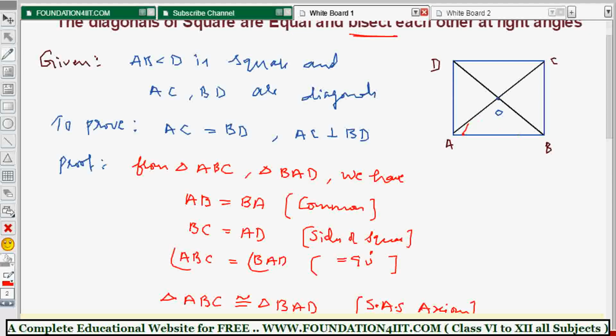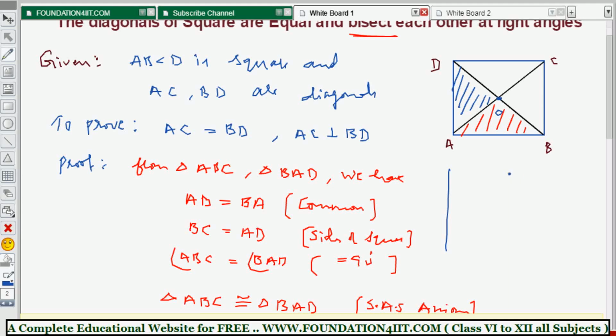That is, take triangle AOB and another triangle AOD. These two triangles I need to prove congruent. That is, OB is equal to OD, because they bisect, because every square is a type of parallelogram. Parallelogram diagonals bisect each other. So OB is equal to OD.